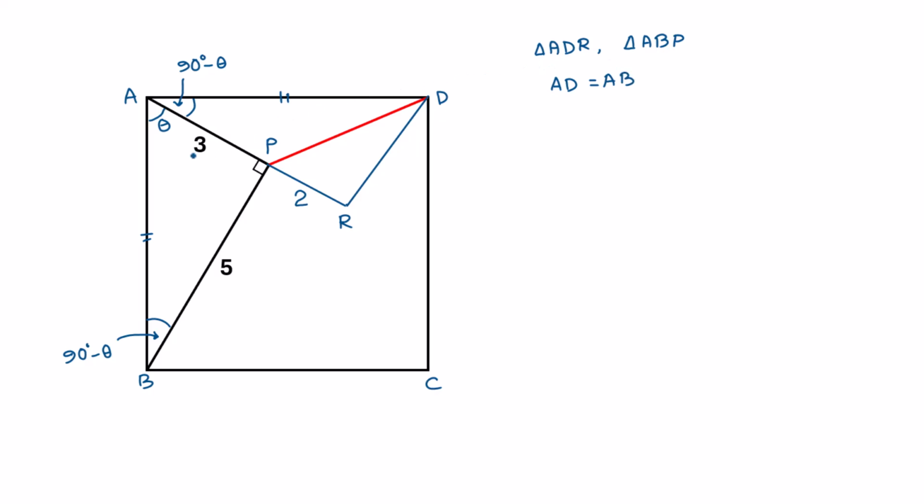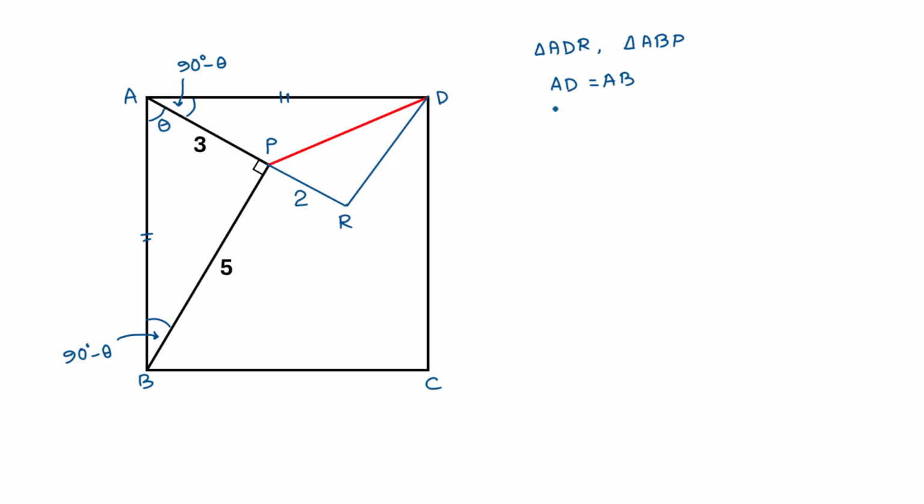and the side length, this BP, is 5 units, and AR, this is 3 plus 2, this is also 5 units.